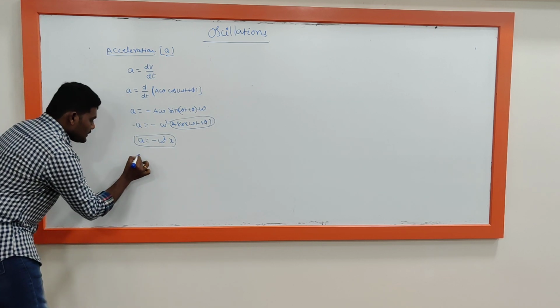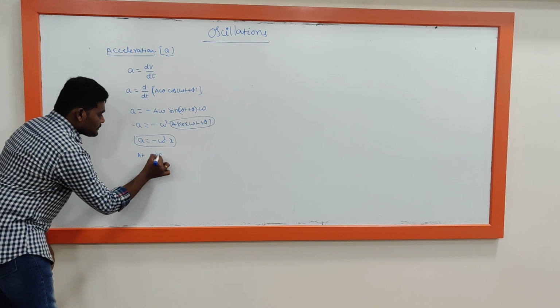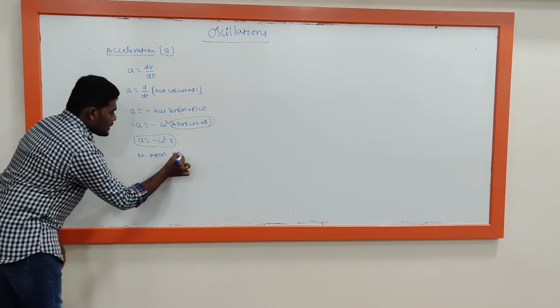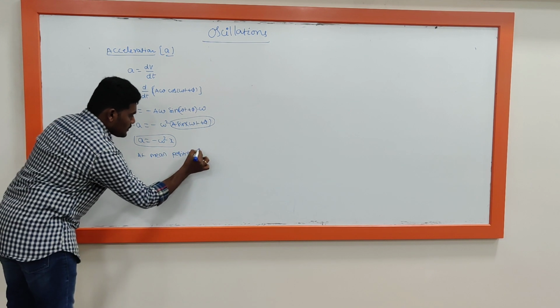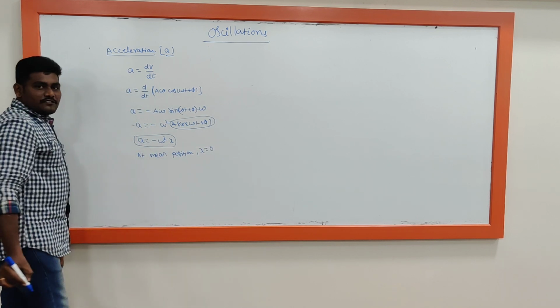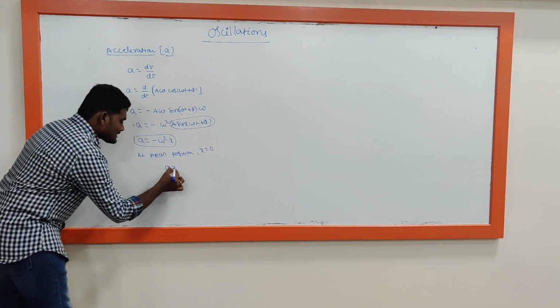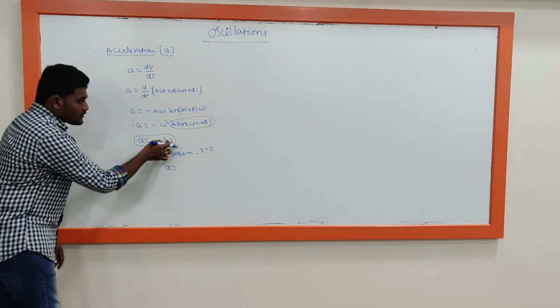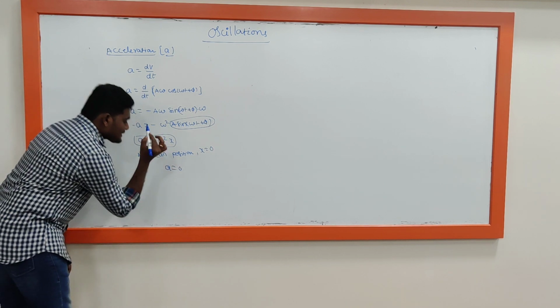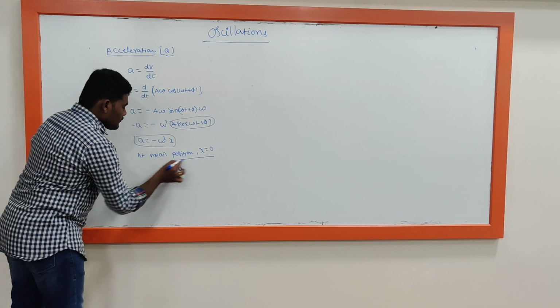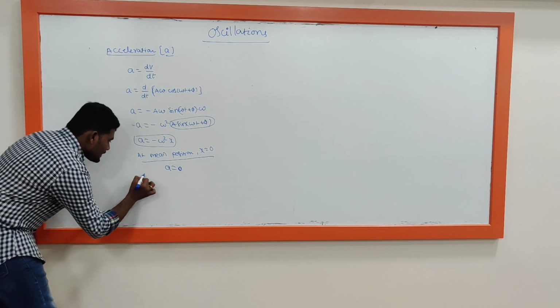Similarly, at the mean position, x equal to 0, so what will happen to the acceleration of a particle? Minus omega square into x, and the x value is 0. So the acceleration of a particle is 0 at the mean position.